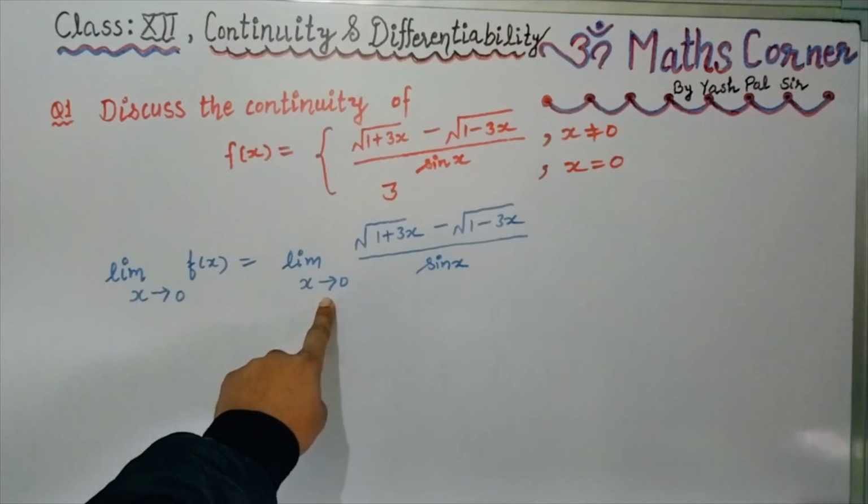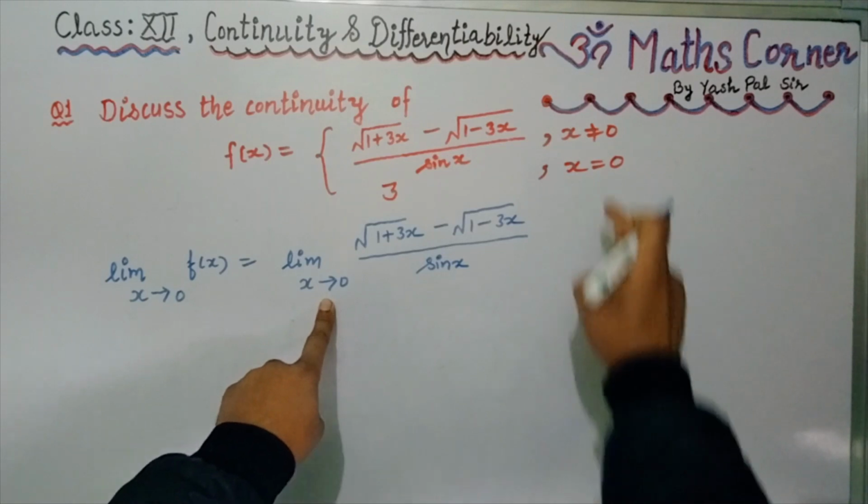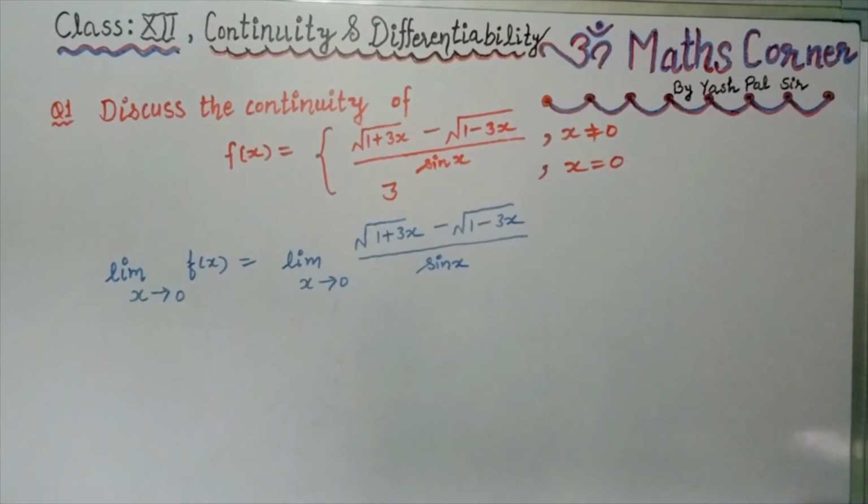There is no need to take left-handed limit or right-handed limit whenever x is not equal to 0 is given here.